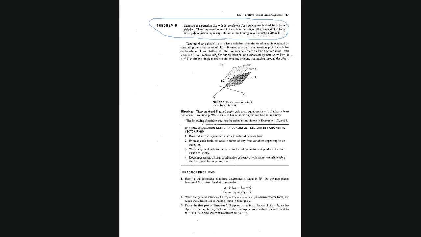The solution set to the non-homogeneous equation, Ax equals b, is the set of all vectors where you have a particular solution vector p plus the solution to the homogeneous system of equations.